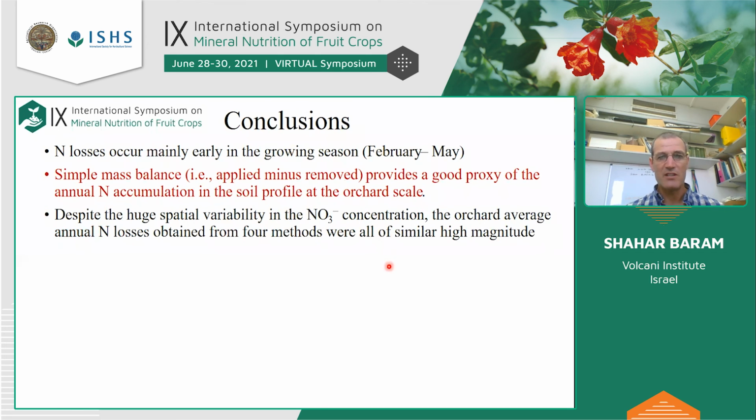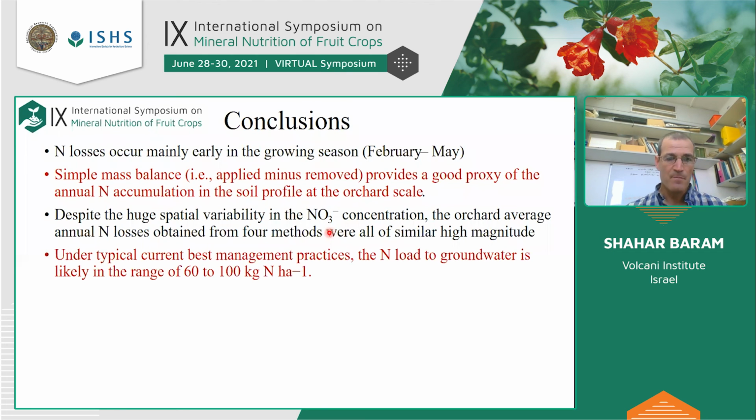Despite the huge spatial variability in NO3 concentration, we got a fairly good agreement between our monitoring and what is actually based on mass balance. And we can assume that under typical best management practices, the annual N losses are between 60 and 100 kilogram N per hectare.